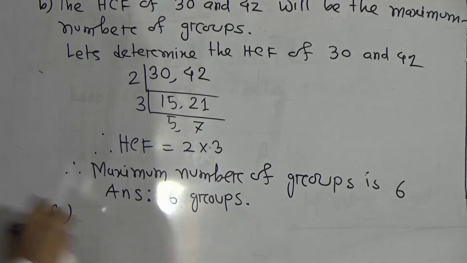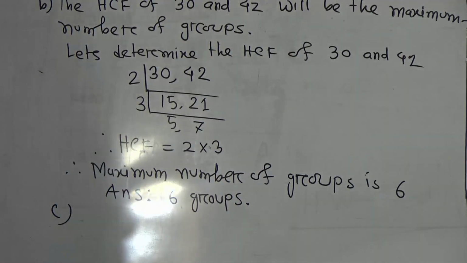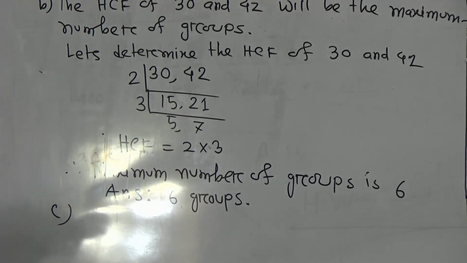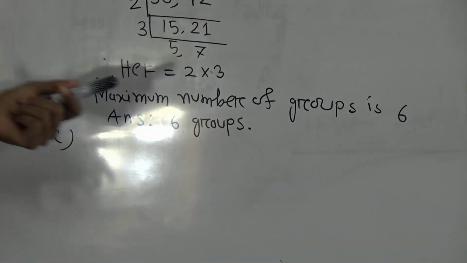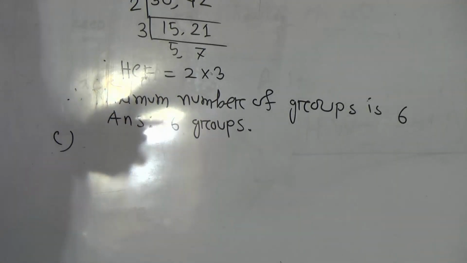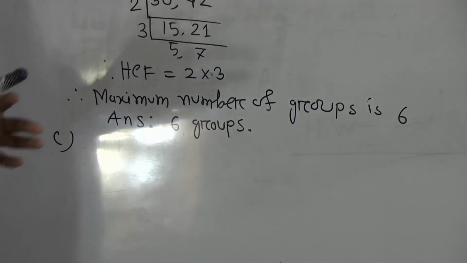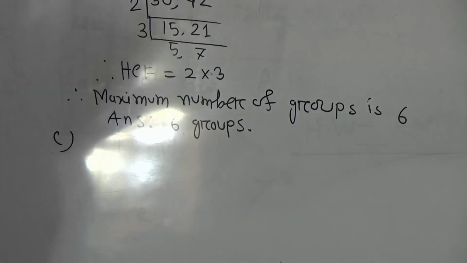Now I will solve question C. How many boys and girls are there in each group? The maximum number of groups is 6. Now we have to determine in each group how many boys, and then in each group how many girls.